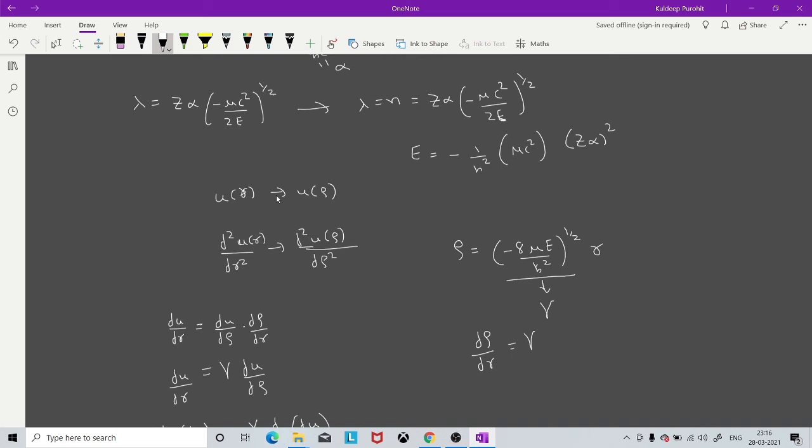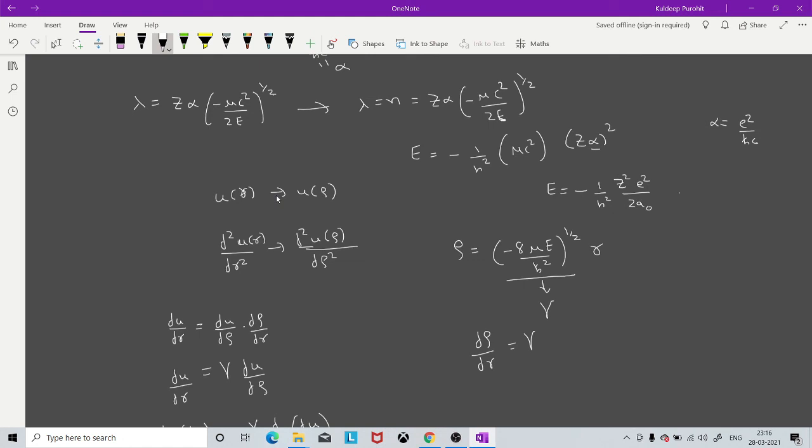I can substitute the value of alpha, and alpha is nothing but e square by h cross c. So if you substitute this value of alpha and all those things, you will get the value of the energy eigenvalues equal to minus 1 by n square, z square e square by 2a0.